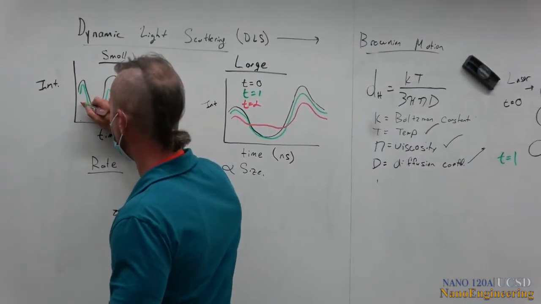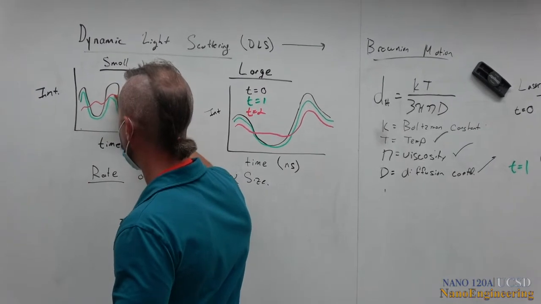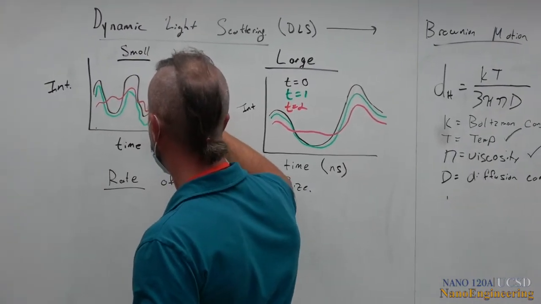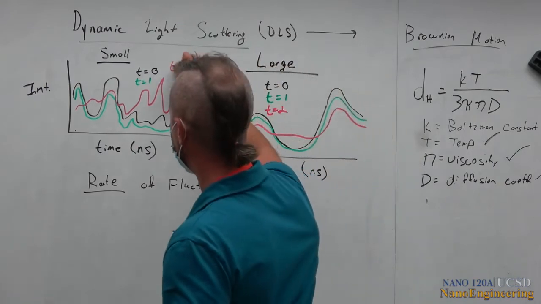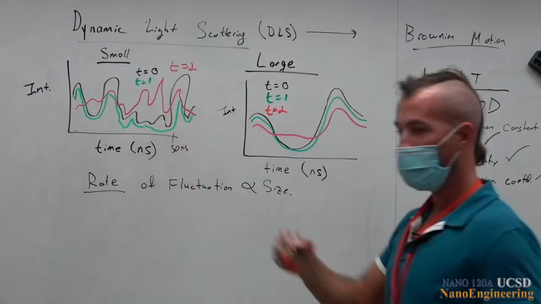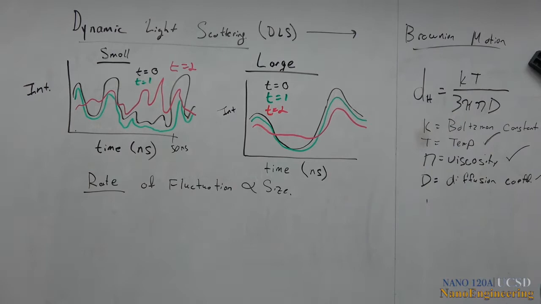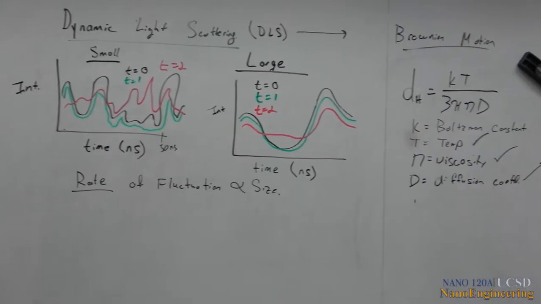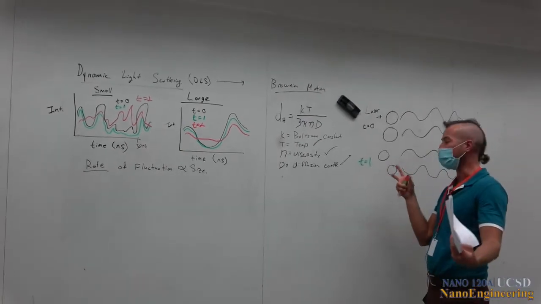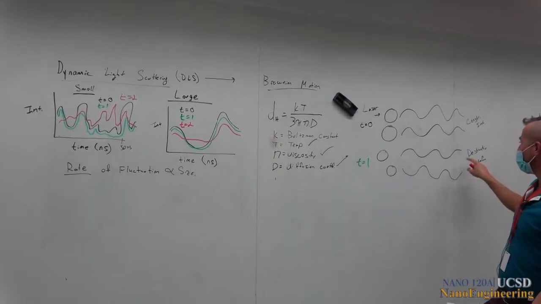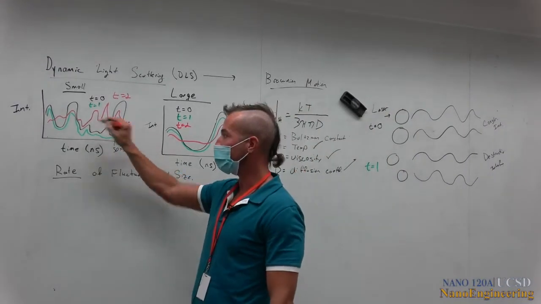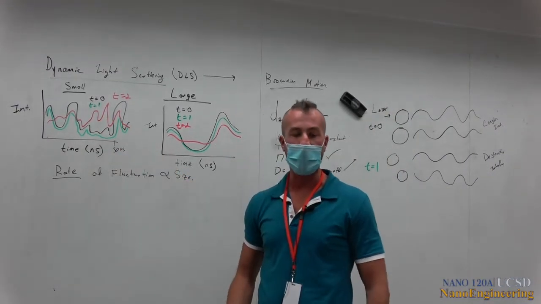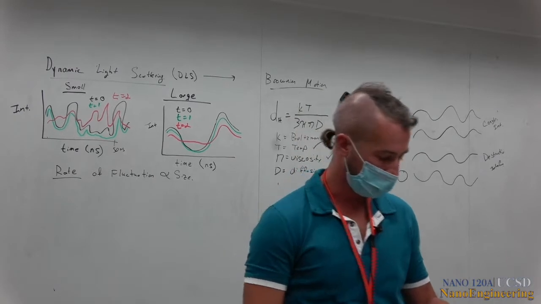But maybe here, on our smaller particle, we're much, much different. Because more time has elapsed, more time for the particles to rearrange, more time for a different intensity spectrum, if you will, to be collected.